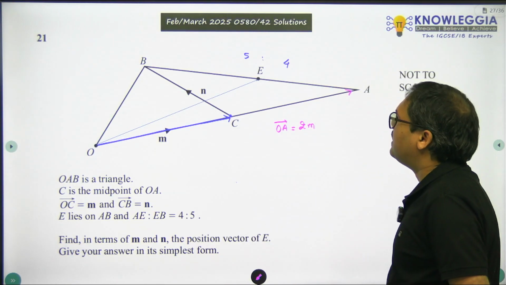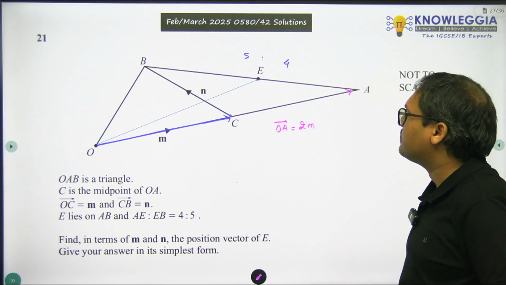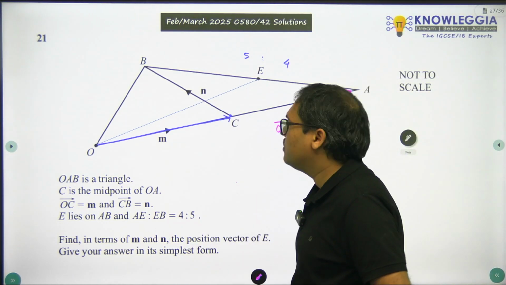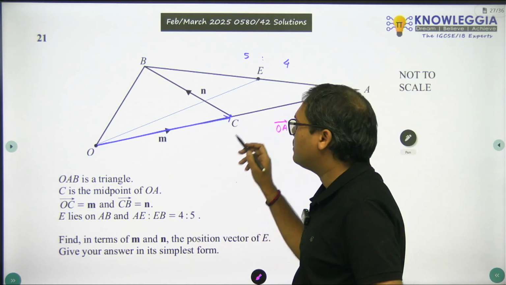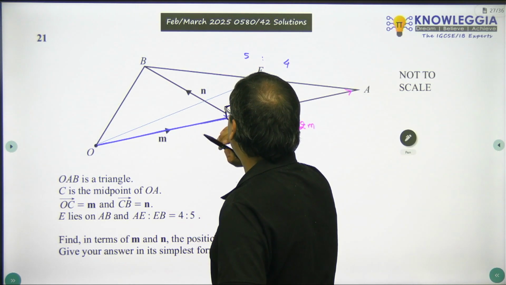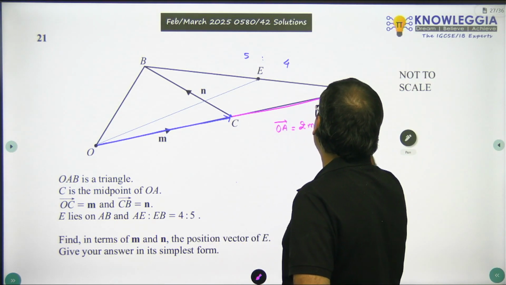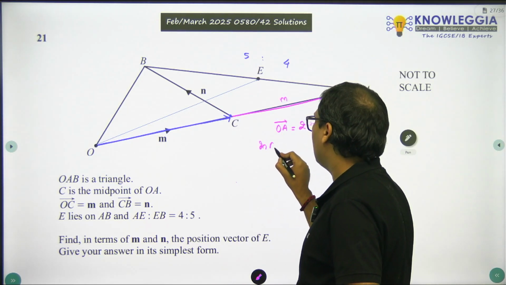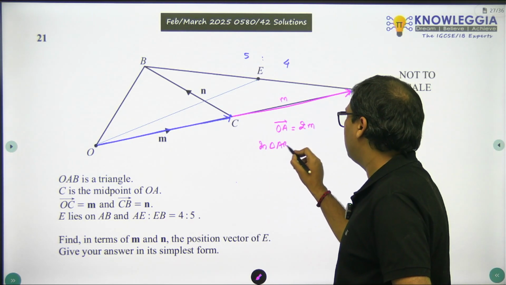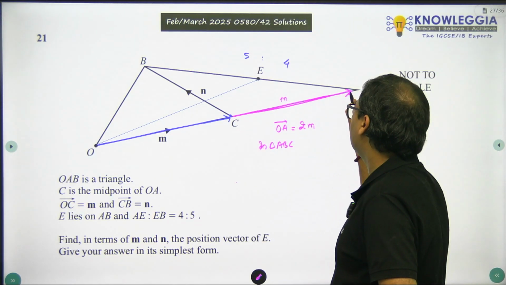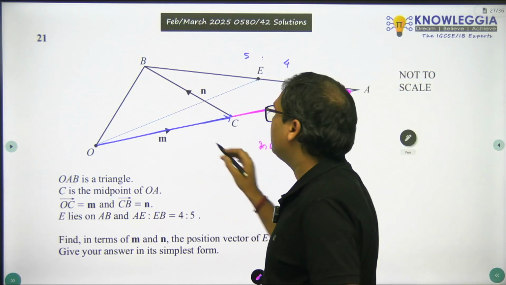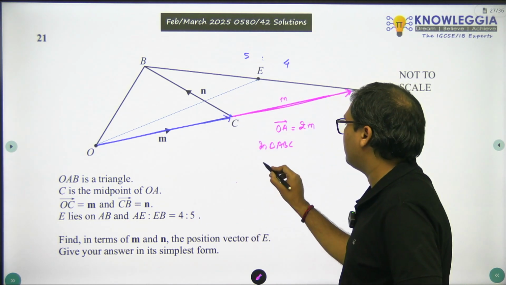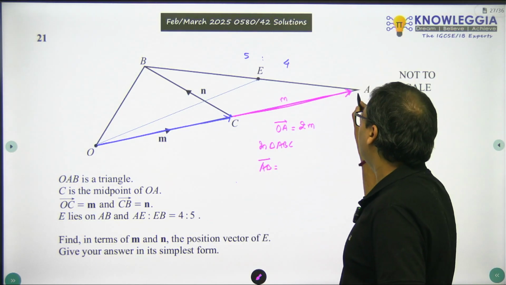Now for that, they have given you this information. How to use this? CB vector is known to you. So using CB vector, I can easily find this. This is our M vector. So in this triangle ABC, if you have to write AB vector, what is A to B vector?